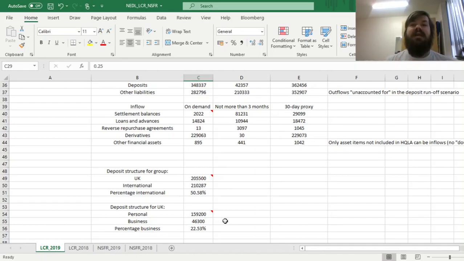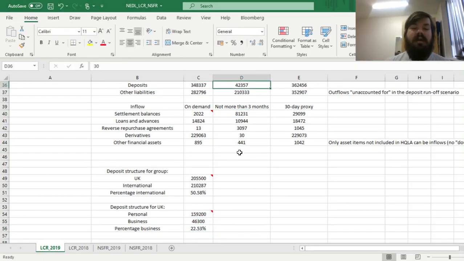But we can assume that the structure between personal and business deposits for Barclays is quite homogeneous across their departments, and use the UK structure and then impose it to the total group deposits. And here we can see that among the UK deposits, the business deposits, which are commercial deposits, deposits by non-financial corporations, account for 22.53% of total UK deposits.